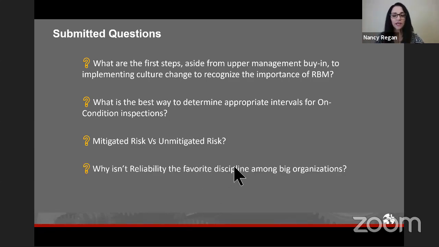Okay, why isn't reliability the favorite discipline among big organizations? Number one, sometimes RCM doesn't seem very exciting, right? But I think that's the minor reason. The major reason is that doing it right is not easy.